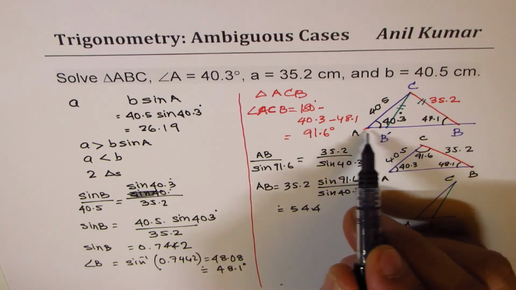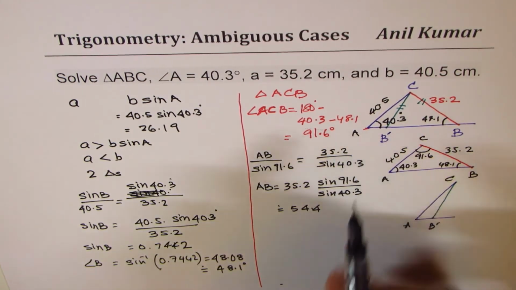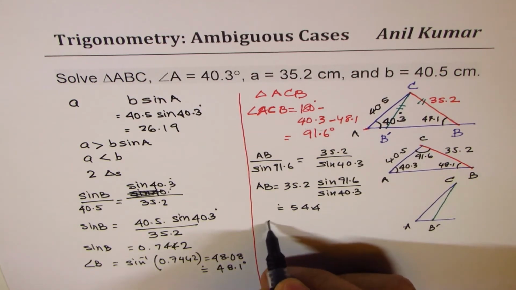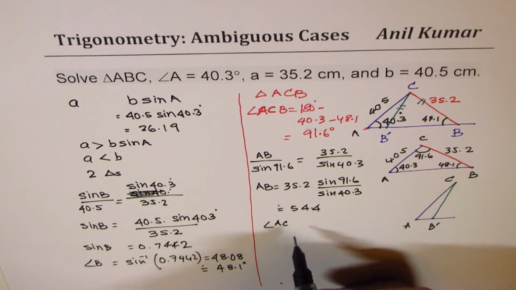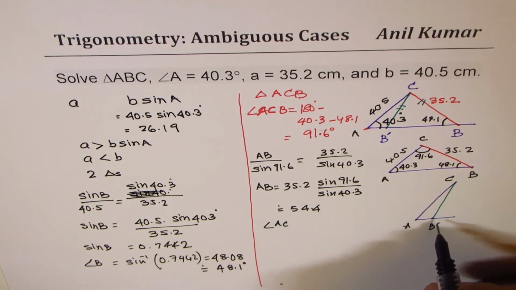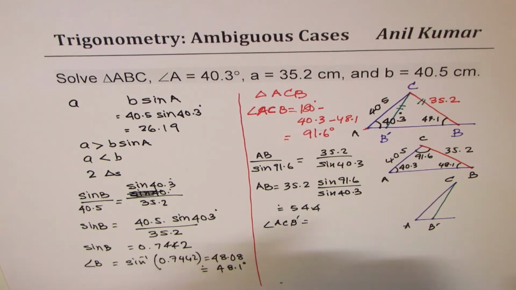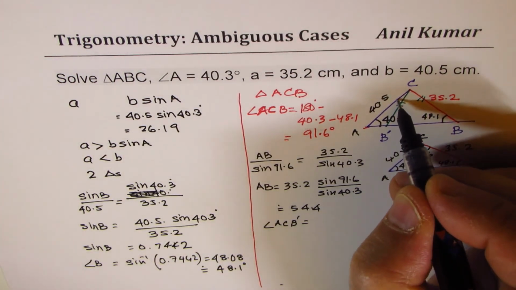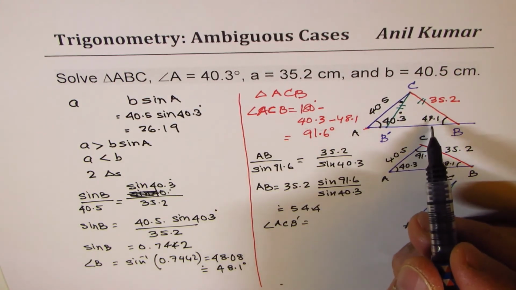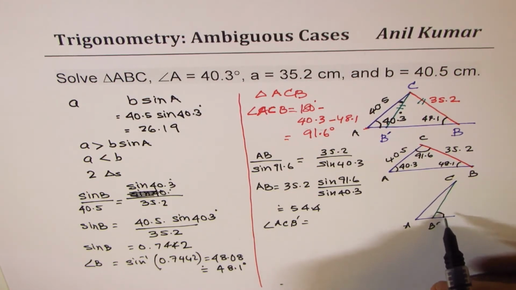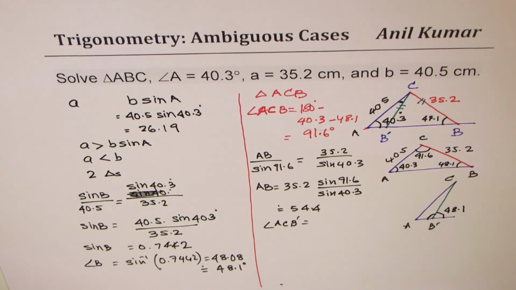Let's find the angle ACB dash. So we're looking for this small angle now, correct? Now we know that this one is 48.1. So how much is this angle?